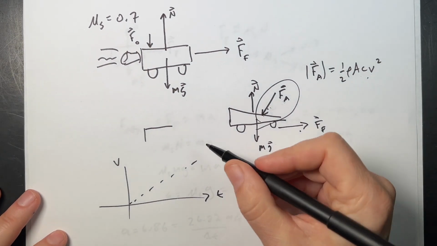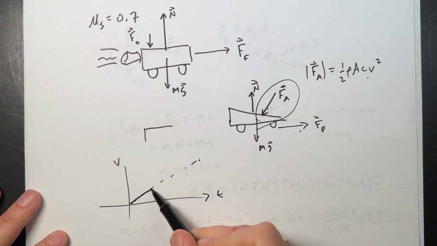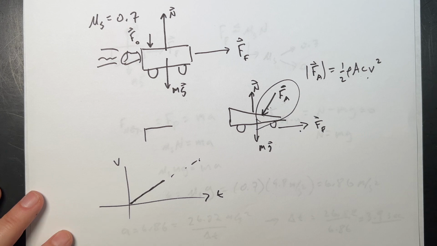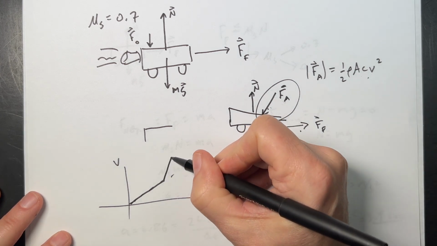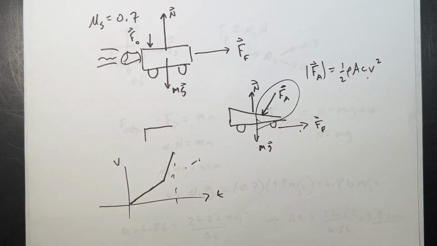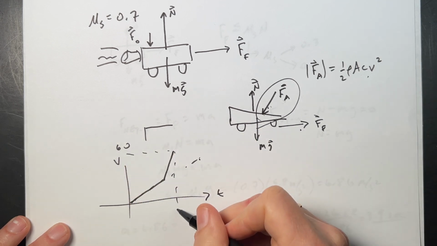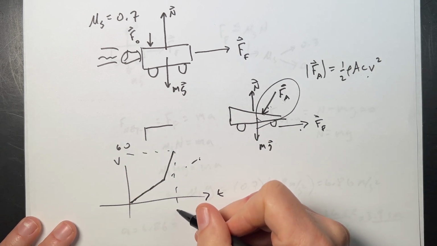Let's say 9.8. So the slope is 9.8. So maybe I start off right here going 9.8, and then as air gets greater, I can increase my acceleration like that, and that could give me a total time less than. So you want this to be 60, and this to be 1 second.